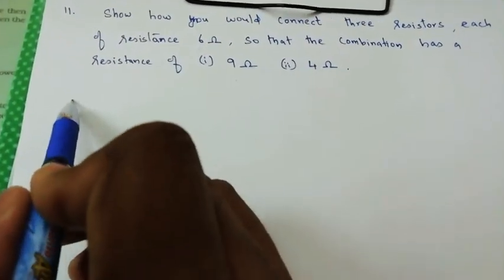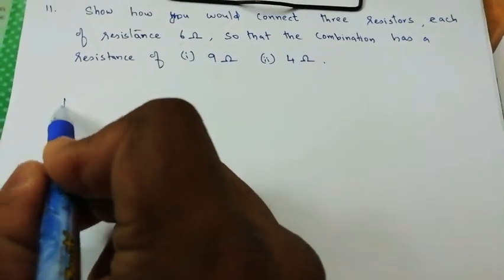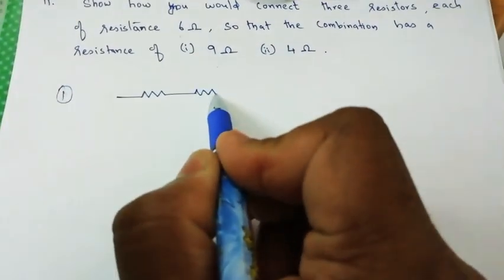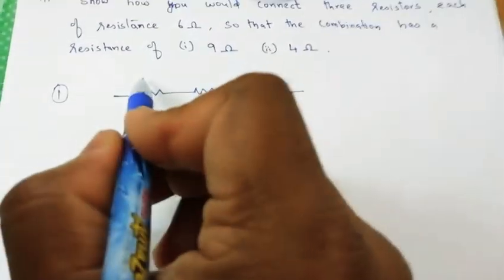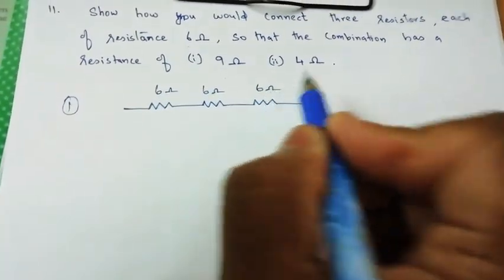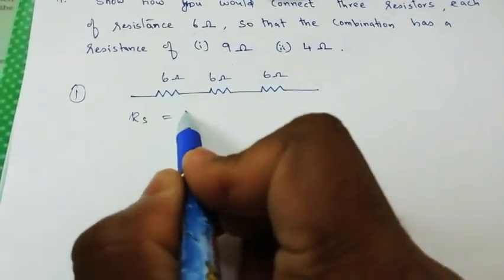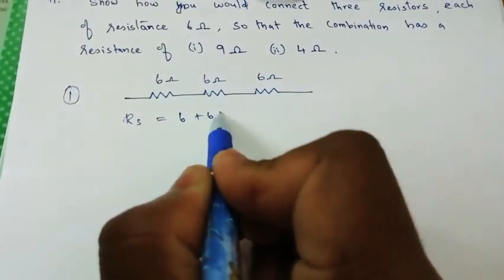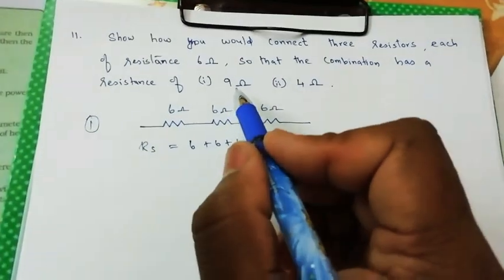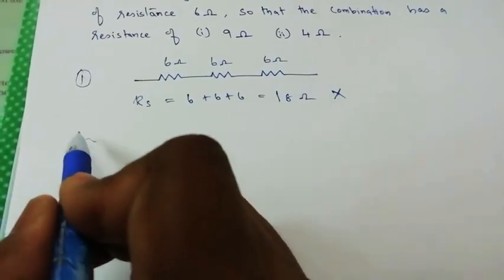For example, if we connect all in series like this, all are 6 ohms, so the series resistance must be 6 plus 6 plus 6, which comes to 18 ohm, and that is not what we want.